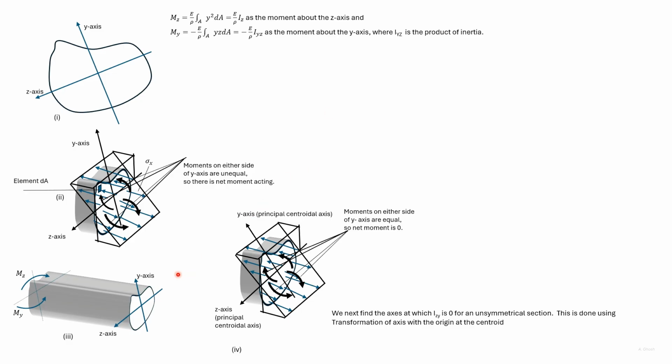It was found that due to this stress distribution, there would be a moment acting about the z-axis and also a moment acting about the y-axis. If the stress distribution resulted in an internal moment about the z and y-axis, then there must be an external moment Mz and My. The external moments Mz and My and the internal moments would keep the portion of the body in equilibrium.